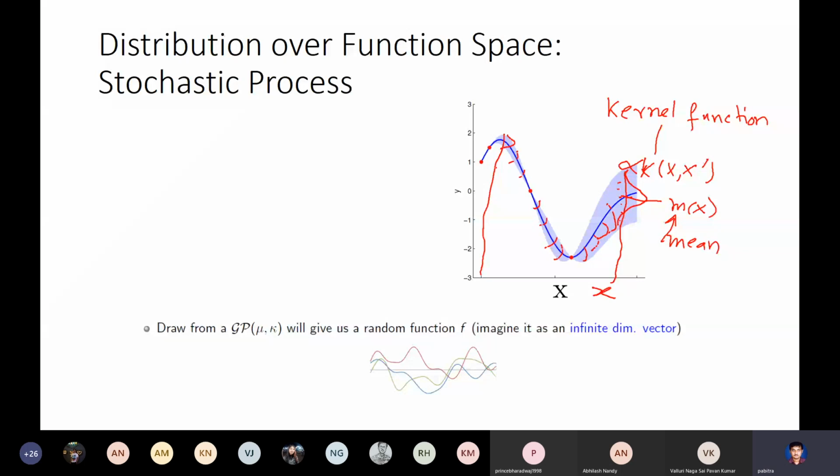All right. So it is as if it is a Gaussian distribution which is changing with x. The mean is changing according to m(x). The variance is changing proportional to some kernel function k(x, x prime). The kernel function is a scalar value. This value changes with x again.